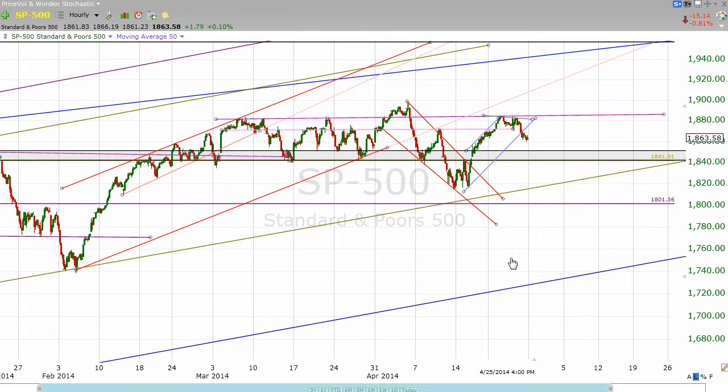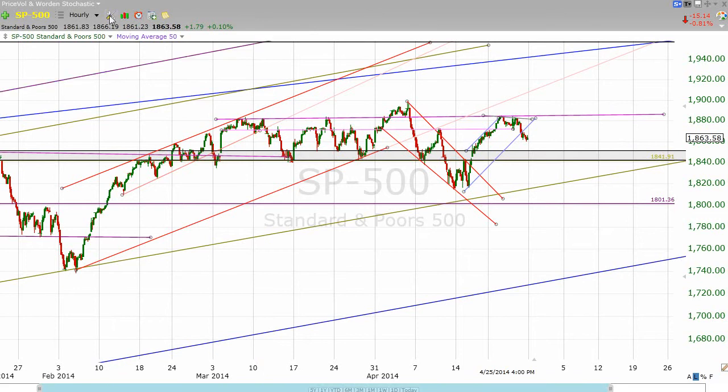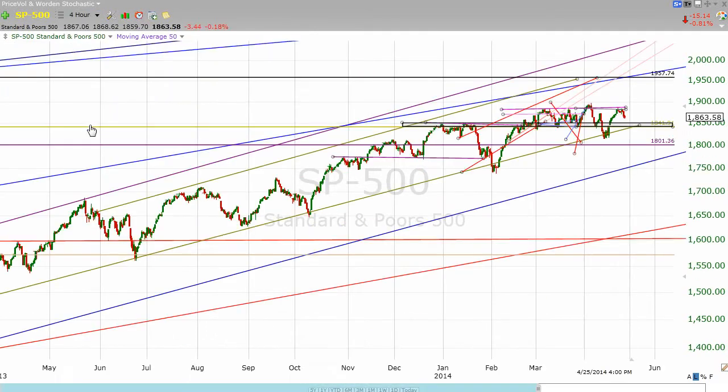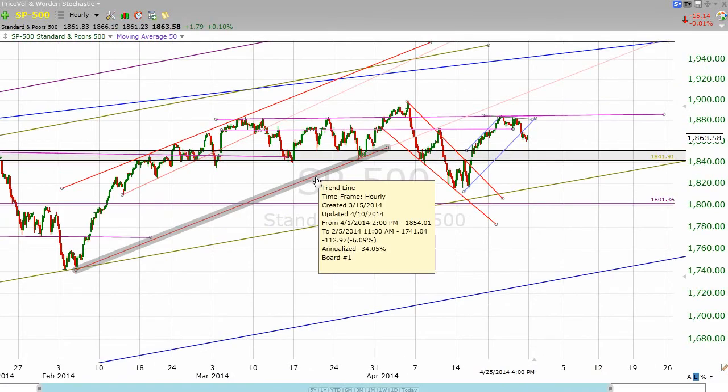But I'm going to do something just a little different here. If we look on this chart, we can look back and see time and time again where the real trend was not incredibly steep, where the real trend revealed itself to be something more along the lines of this line right here.